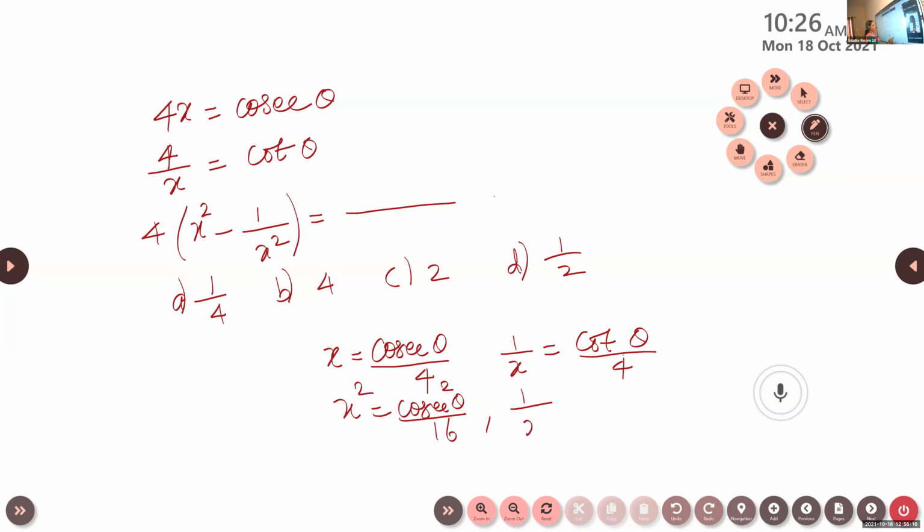And what will be 1 by x square? It is cot square theta by 16. So substitute here. 4 into what is x square? Cosec square theta by 16 minus cot square theta by 16. Now check your answer. Is it 1 by 2?